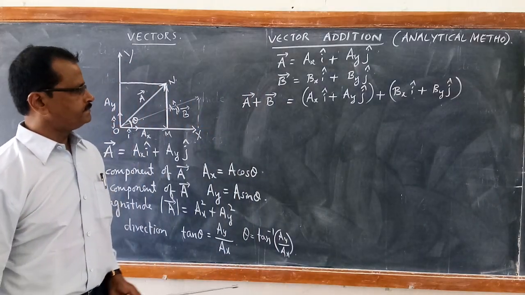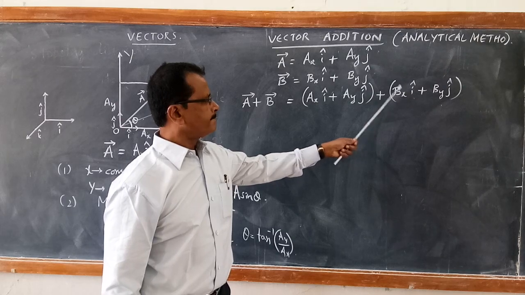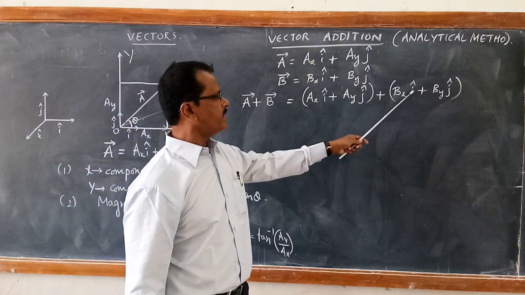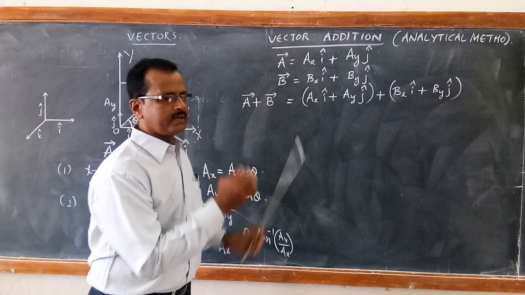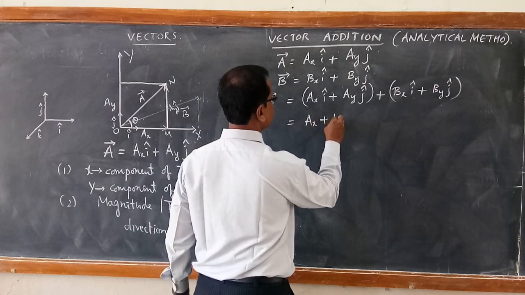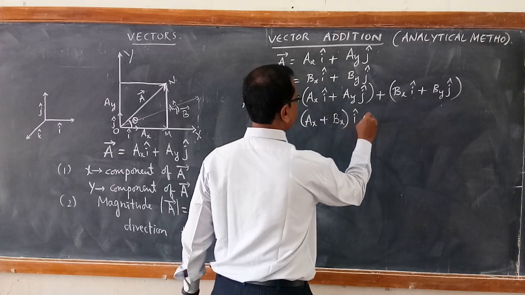Now you see the x components ax and bx have the common factor i cap, so we can club them in one bracket: ax plus bx, i cap.